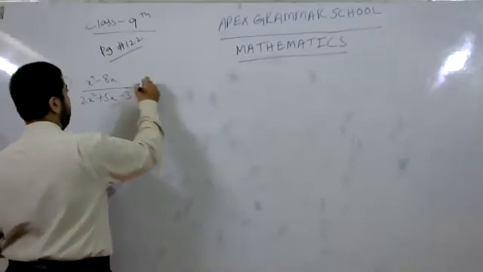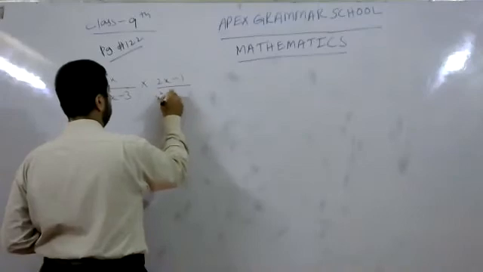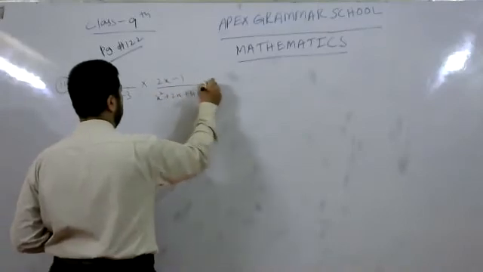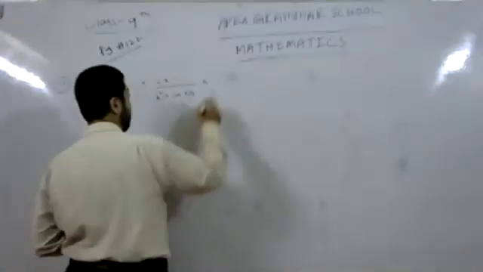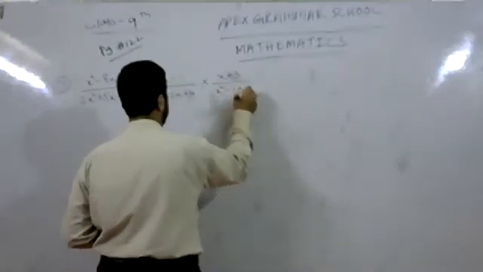Then multiply 10 to x minus 1 and then x square plus 2x plus 4, and then again multiply x plus 3 and x square minus 2x.